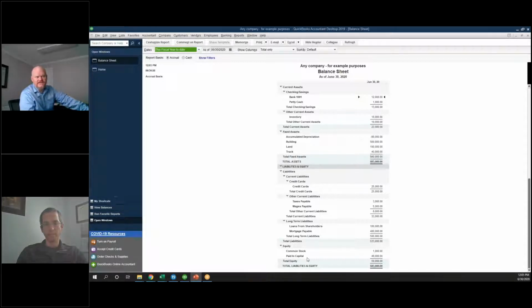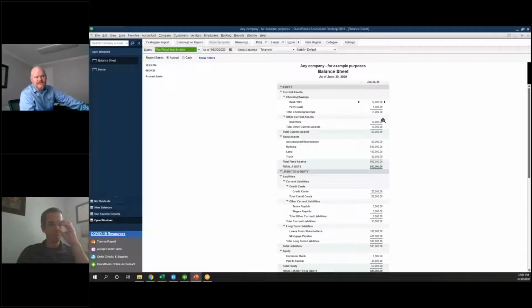The only thing that crosses will show up in the equity section, and it'll be in my net income. So my common stock or my partner's capital, plus paid in capital, plus whatever my earnings are, will affect what my balance sheet looks like. And it usually, on the asset side, affects what my bank balance is on a regular basis, or what my inventory is. And we can make those adjustments.